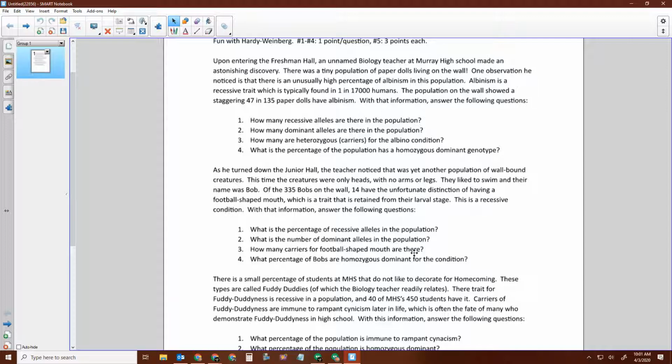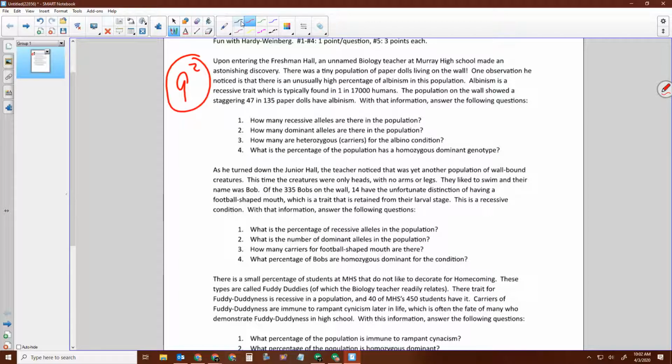Now, I said it was all garbage. That's not 100% true. We did learn that albinism is a recessive trait, and so that means that it only shows up when both alleles are recessive. And we also know that 47 in 135 have that trait. So if you remember in the last video and all along what I have been telling you, what is the key to success in solving these problems?